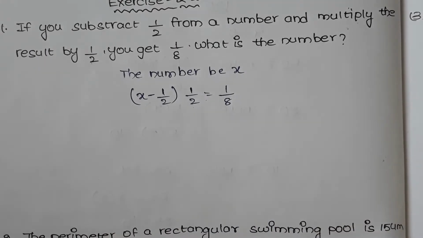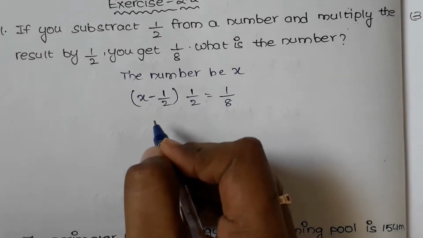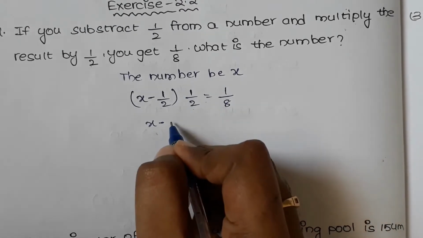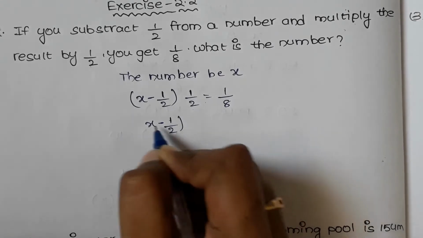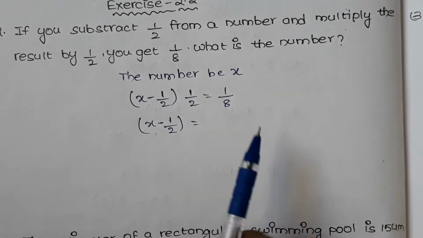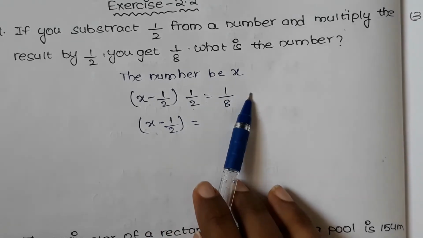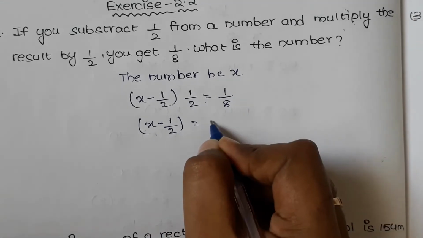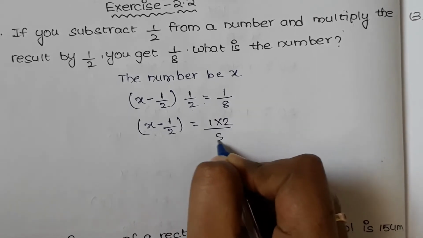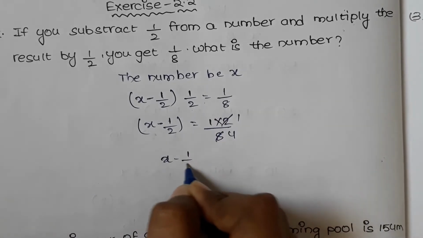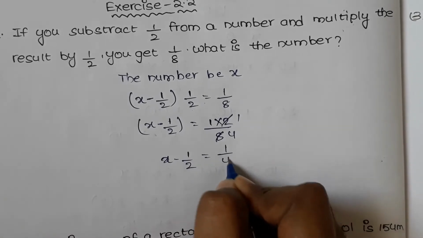Now let us solve this equation, that is x minus 1 by 2 equals to, this 2 is taken to the RHS side, that is 1 into 2 by 8, that is 1 by 4. X minus 1 by 2 equals to 1 by 4.